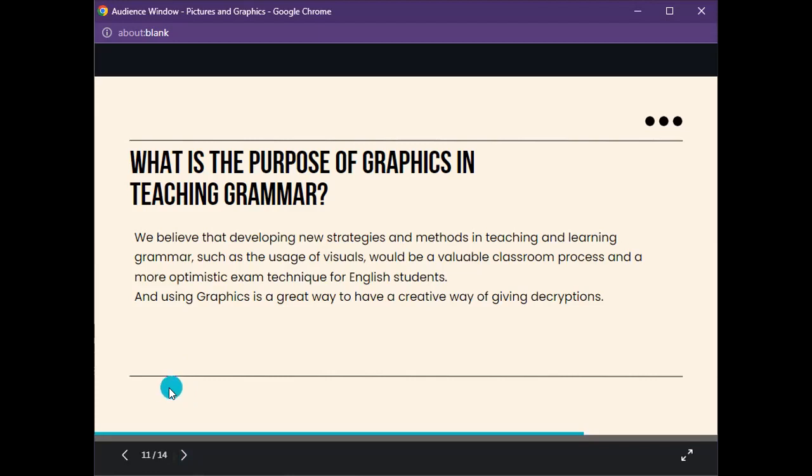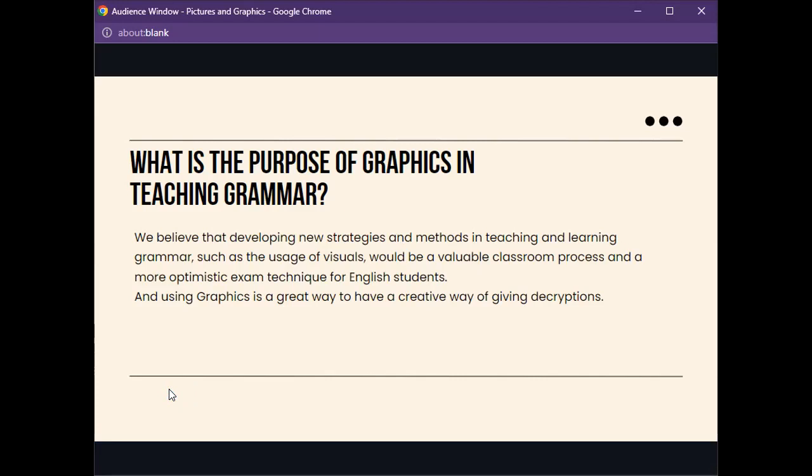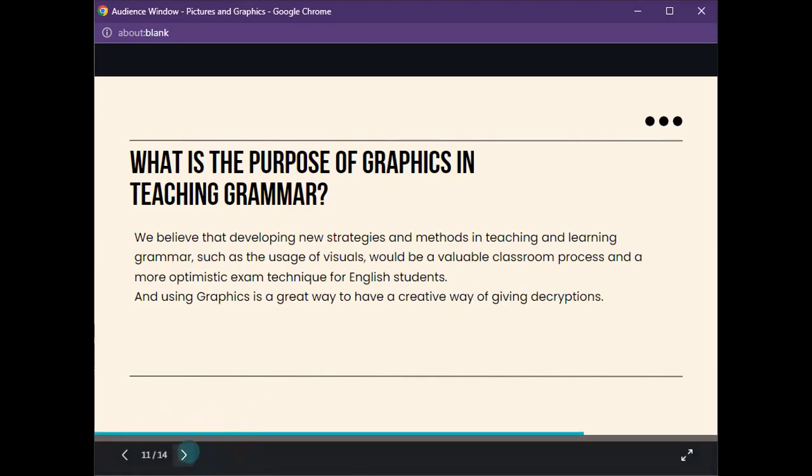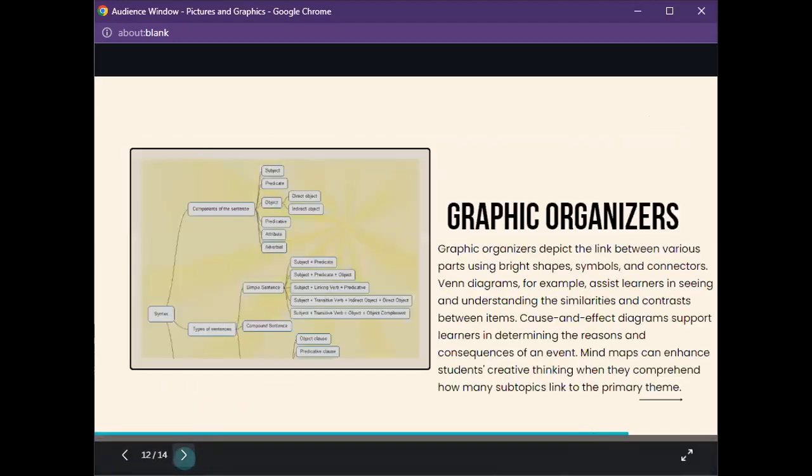As future educators, we believe that developing new strategies and methods in teaching and learning grammar, such as the usage of visuals, would be a valuable classroom process and a more optimistic exam technique for English students. And using graphics is a great way to have a creative way of giving descriptions.